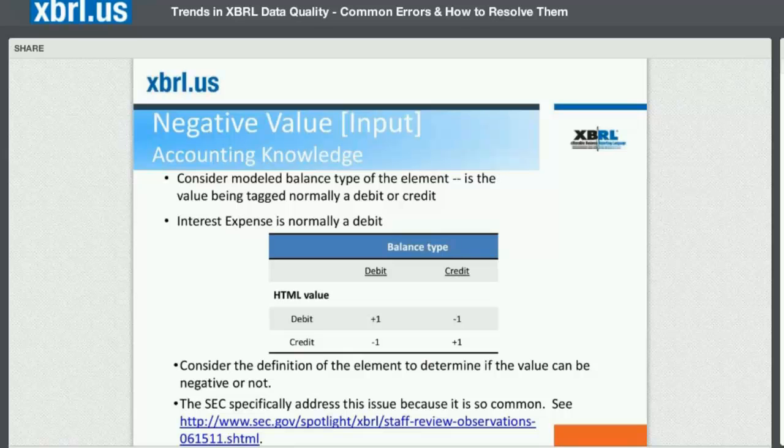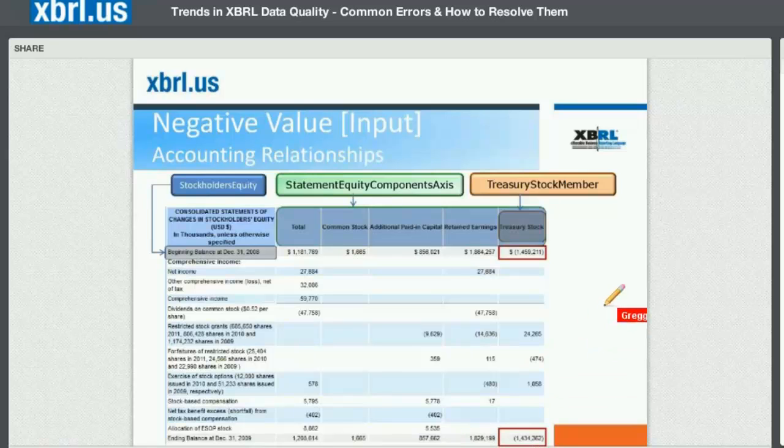The negative would be interest income or an adjustment to interest expense or a reversal of some sort. Not the same concept. So again, pay attention to the definition. Don't read more into the definition than is there. And just use your financial reporting common sense and your experience in order to help you input the right value.